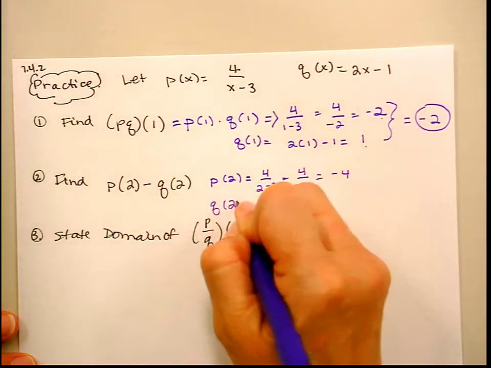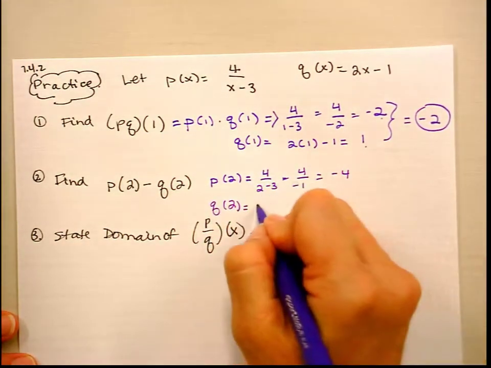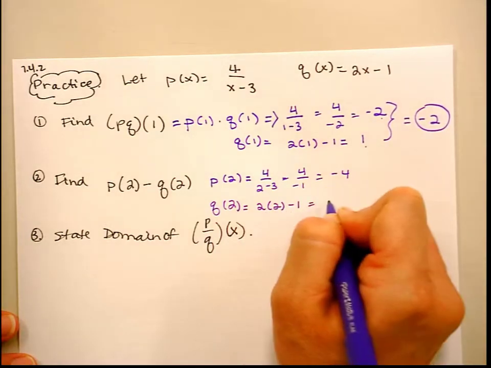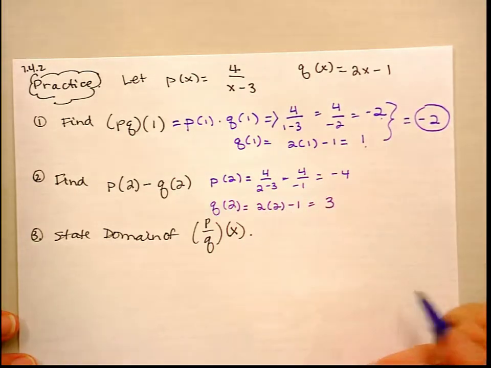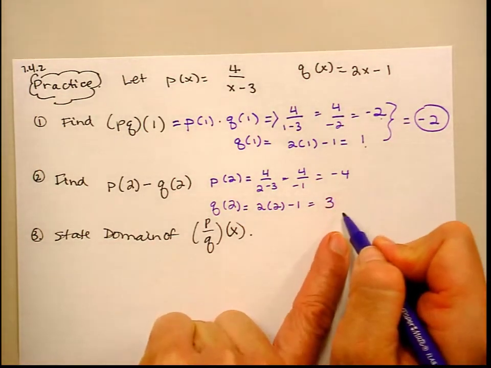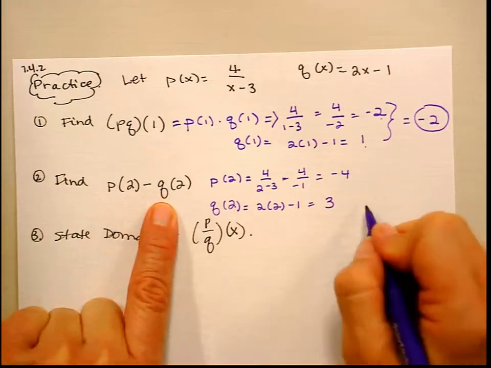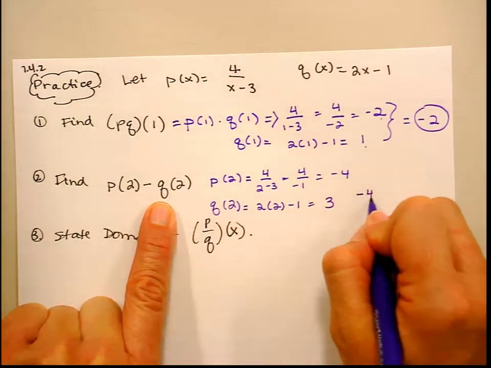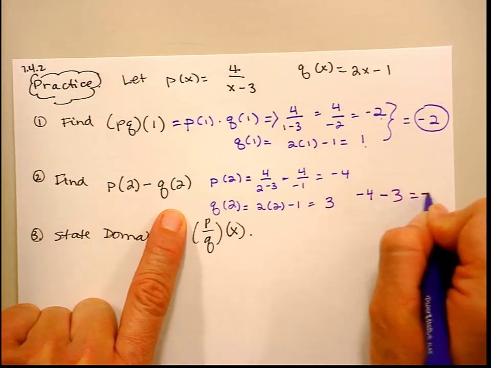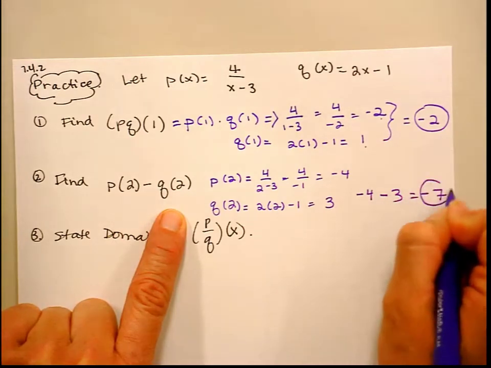And q of 2, what's that going to be? 2 times 2 minus 1. 4 minus 1 is 3. Okay, so now I know p of 2, and I have q of 2, so I need the difference. So negative 4 minus 3, negative 7, is that answer.